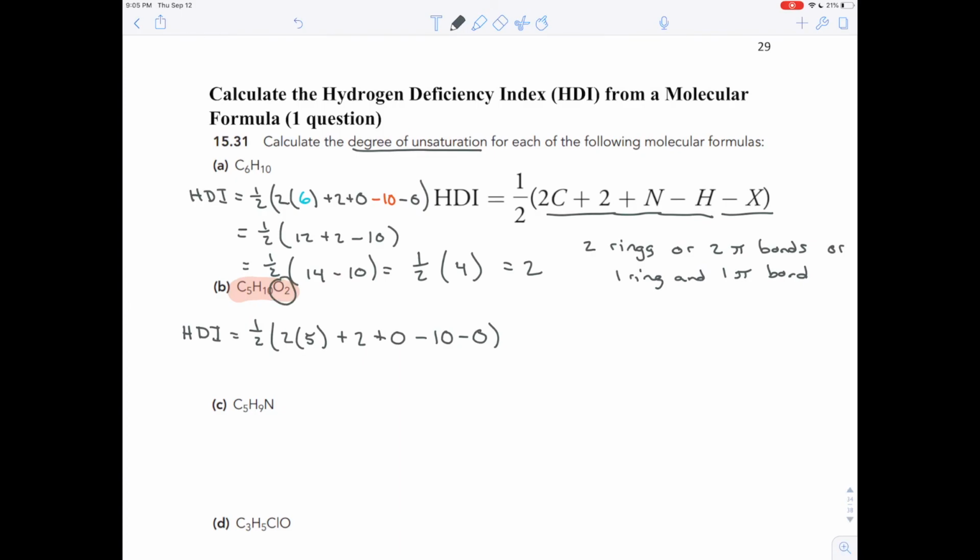Notice the oxygens don't affect the number of hydrogens, because the bond to the oxygen that it takes away from a hydrogen has, on the other side, just adds a hydrogen, so it evens out.